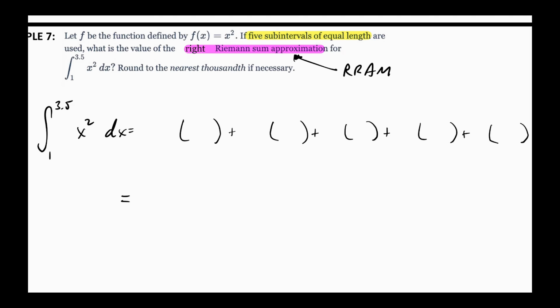You're right. Perfect. That's the easiest way to do it, and that's the way I suggest. How wide is your bound, and divide by however many rectangles you need. So each one's going to be 0.5.